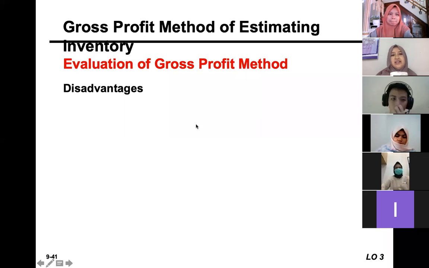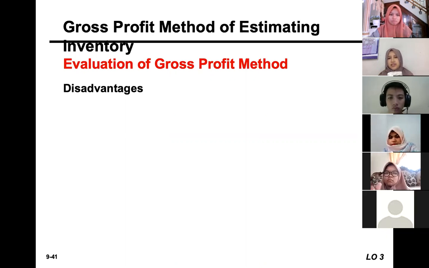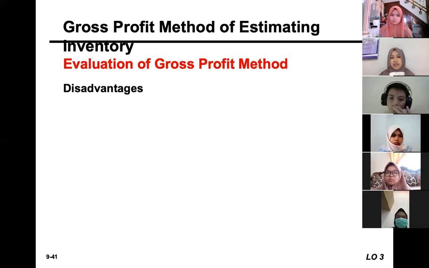Okay, the gross profit method gives us the simplicity to calculate the ending inventory, right? Because we don't need to do the physical calculation of the inventory. Just if we have the information of gross profit rate on sales, or the percentage of gross profit on sales, then we can identify the ending inventory. But such method has certain disadvantages, yeah?